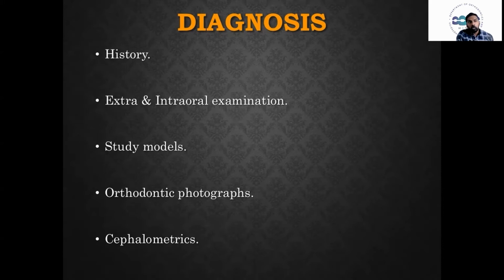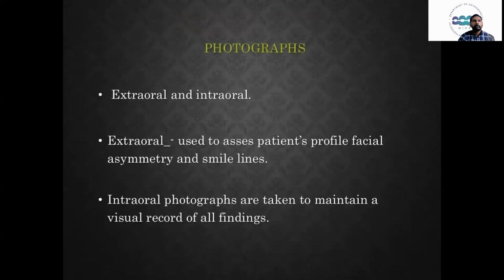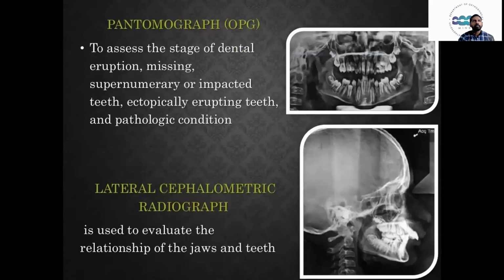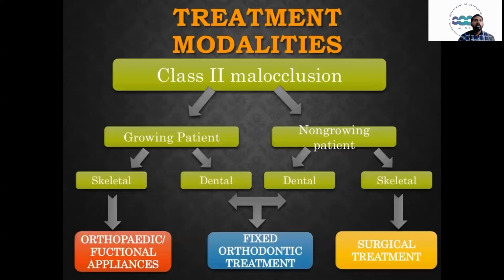Then the photographs and the cephalometric radiographs are essential. In detail, there are the study models and photographs, whose features we will discuss. I'm not going into the details of the cephalometric values and we can directly come to the treatment modalities.